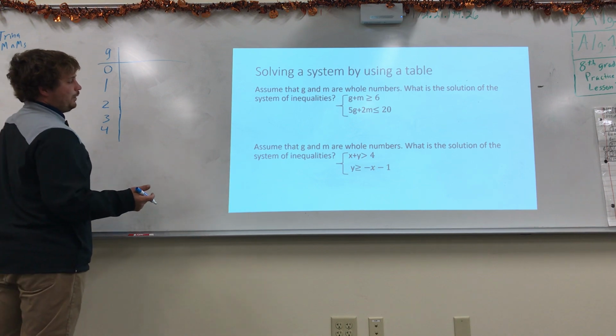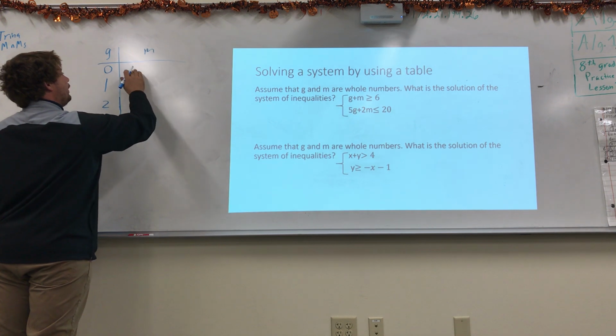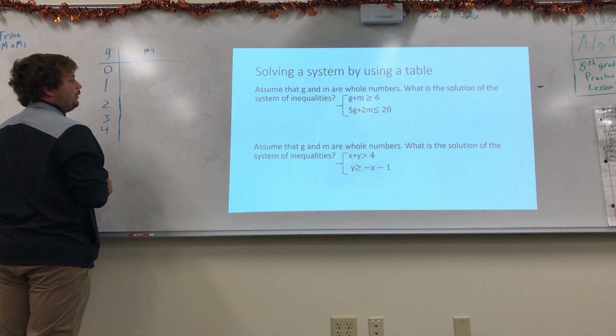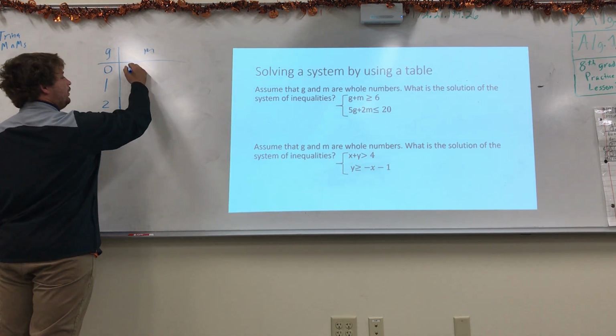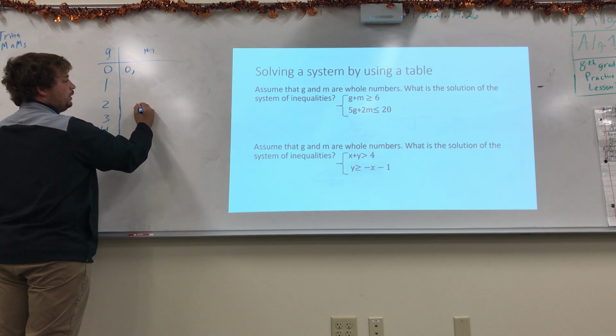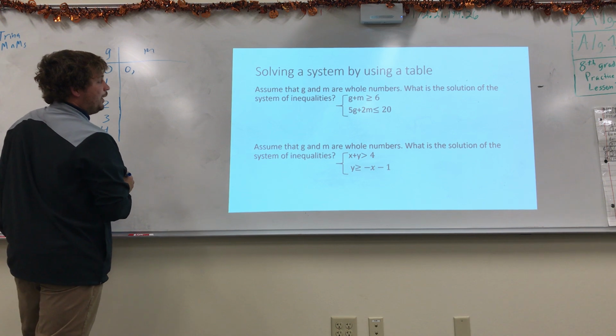Now, I need to make the other part of the equation work with these numbers. So I'm going to find my M values that work with G. If G is 0, I can have 0, because 0 times 0, or 0 times 2, is 0, and 0 times 5 is 0.